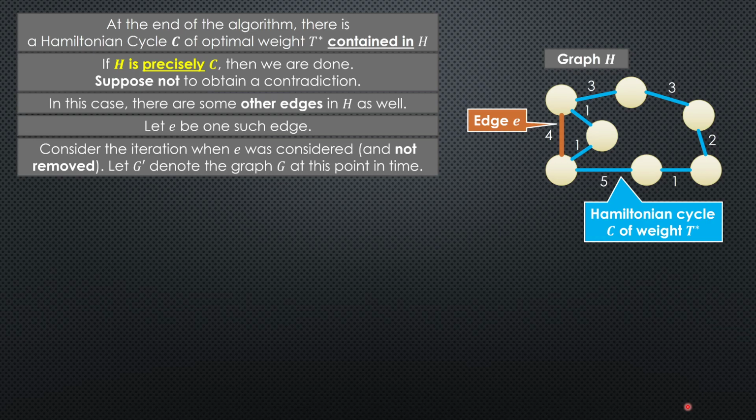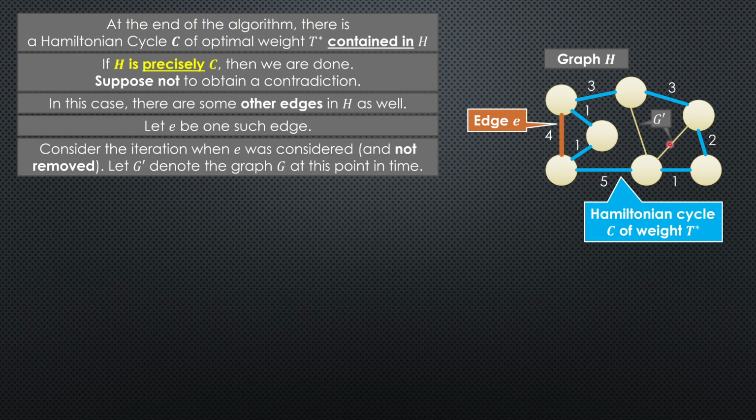Let G prime be the state of the graph at the time when E was considered. Remember, we're removing edges as we go, and G prime is the state of the graph at some earlier time when we considered E. Maybe E was the last edge we considered, and G prime is actually just the same as H. Or maybe G prime is a much earlier time, and there are some extra edges in G prime.